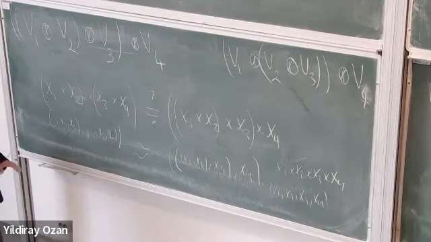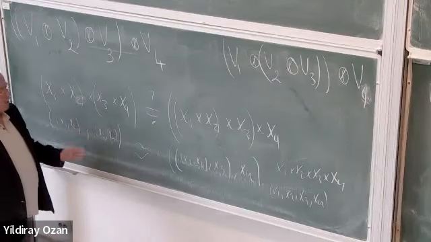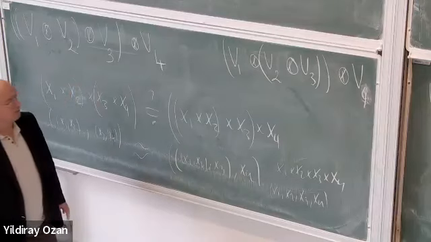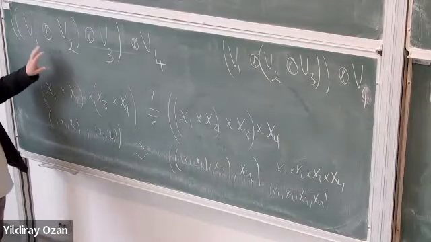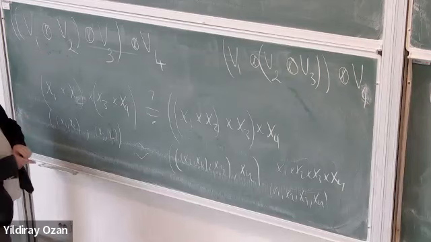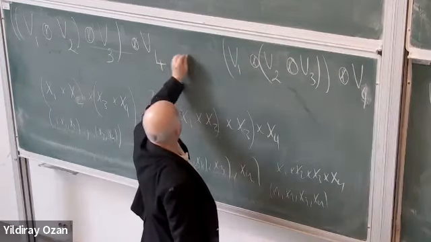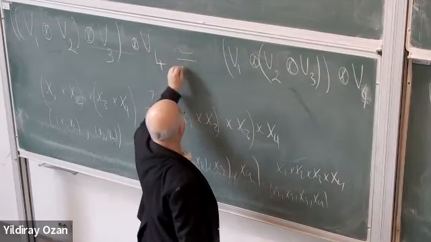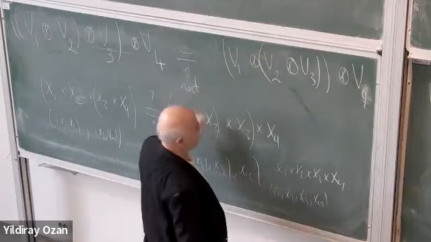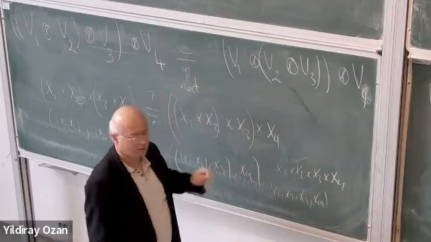What we do, similar to what we have done over here, is we say that these things are naturally isomorphic, or canonically isomorphic, right?